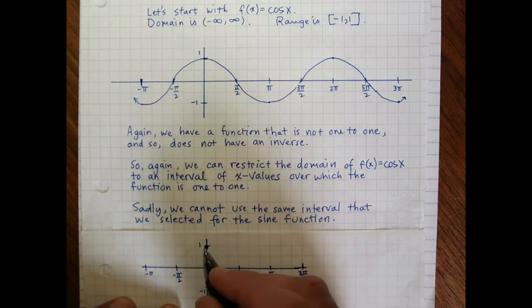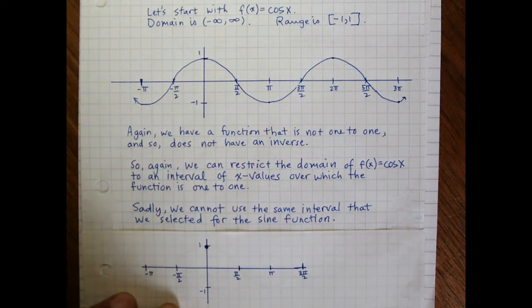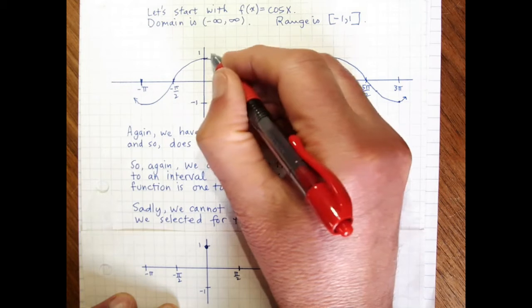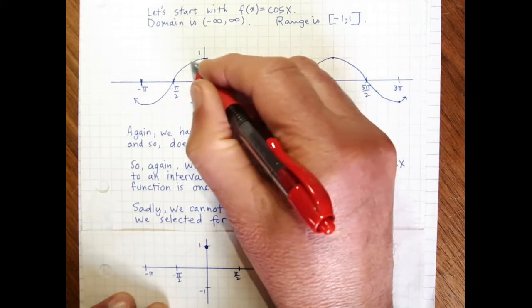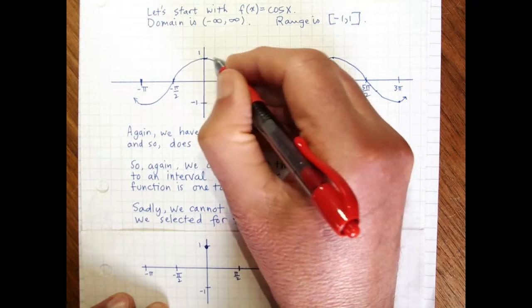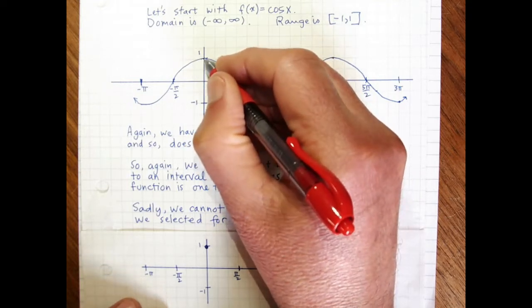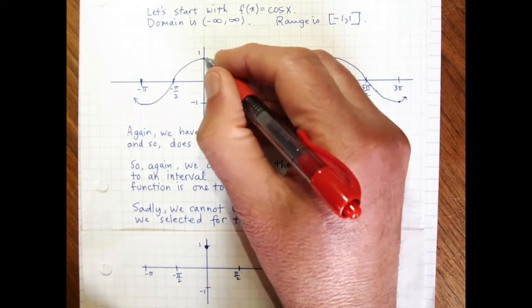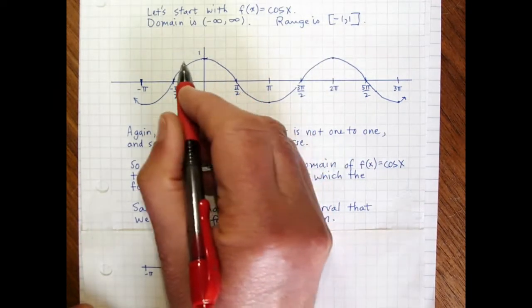And now, if we start from that point at 0, 1 though, immediately we run into trouble if we try to extend in both directions from that point. Because on the graph of cosine, if you go both to the left and the right of 1, we start coming down on each side from this max point, and that's going to mean we don't have a one-to-one function.